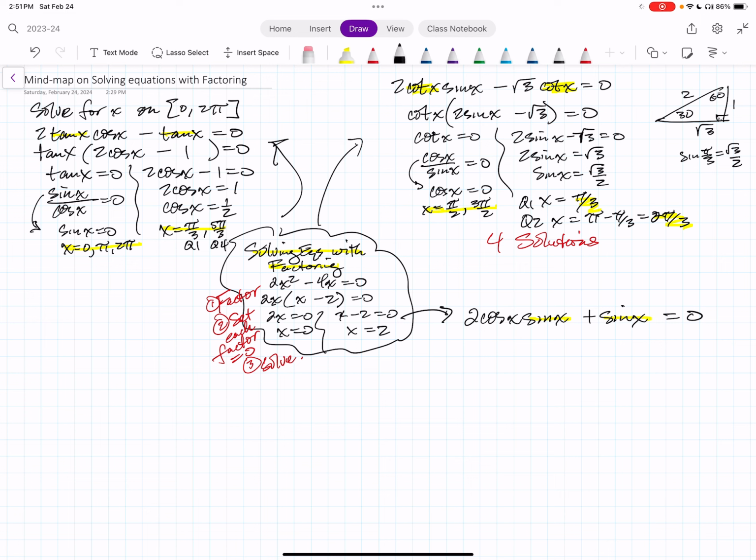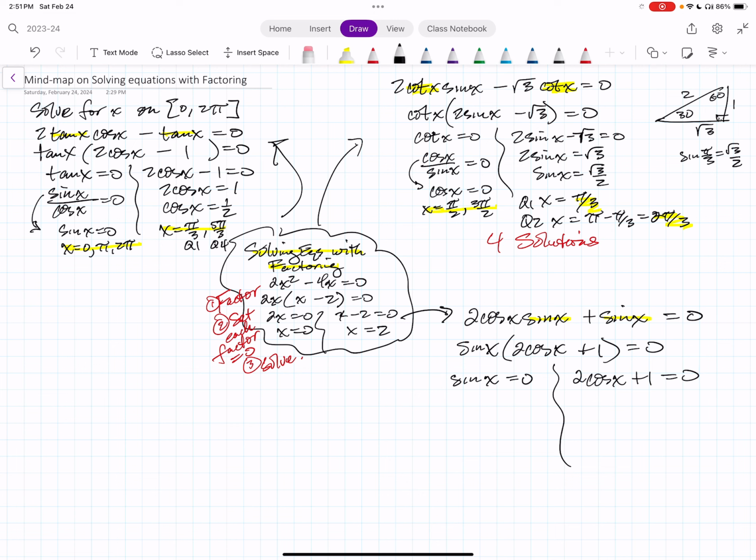So you want to factor it out. Take sine x, factor it out, and you get sine x times 2 cosine x plus 1 is equal to 0. So there's your factoring step. Then you set each factor equal to 0. You have to figure out when is sine x equal to 0, and when is 2 times cosine x plus 1 equal to 0.